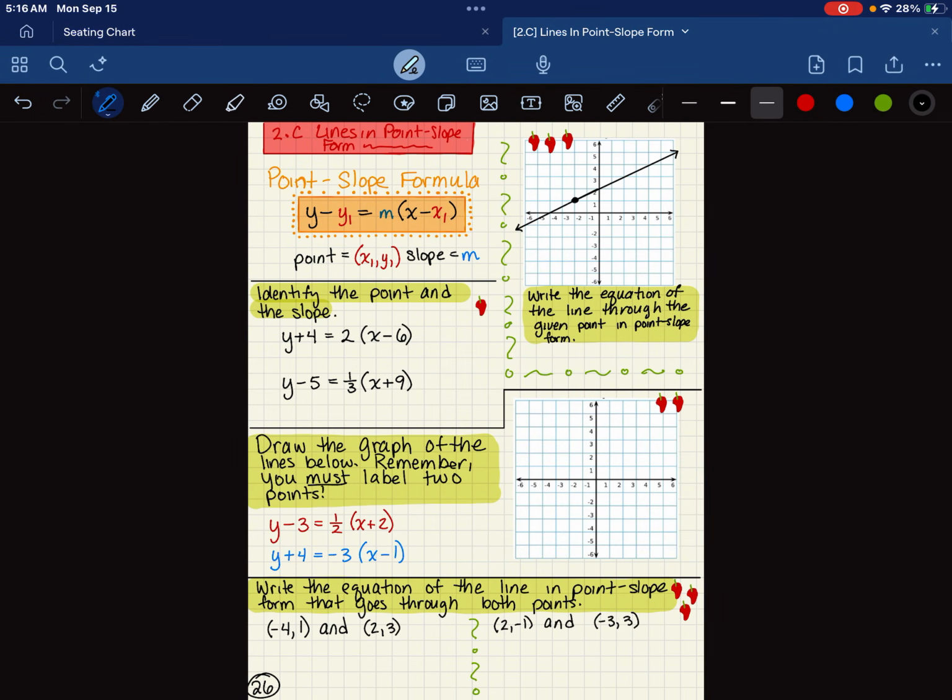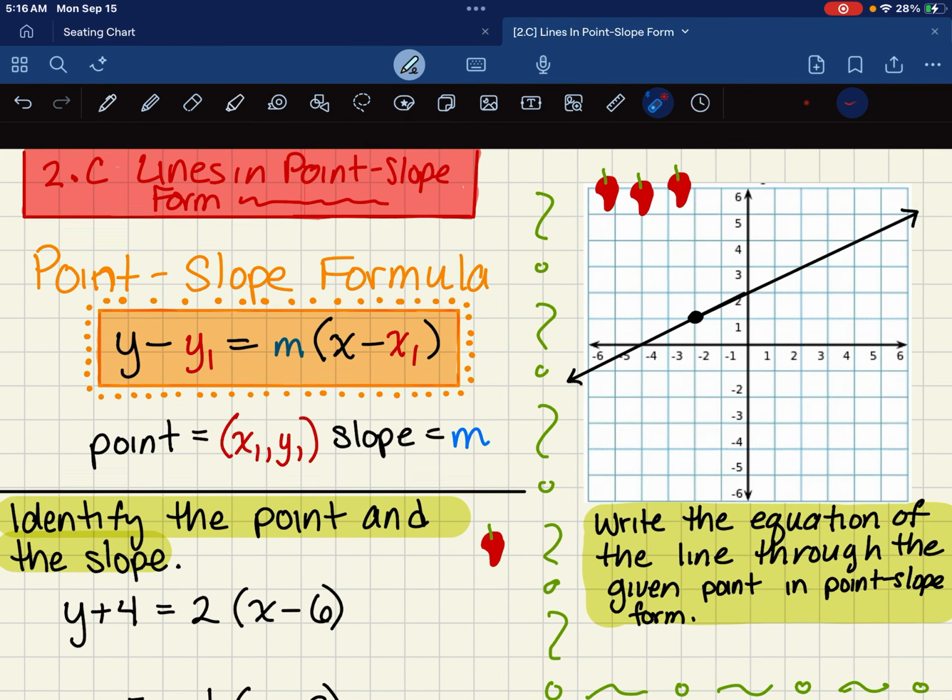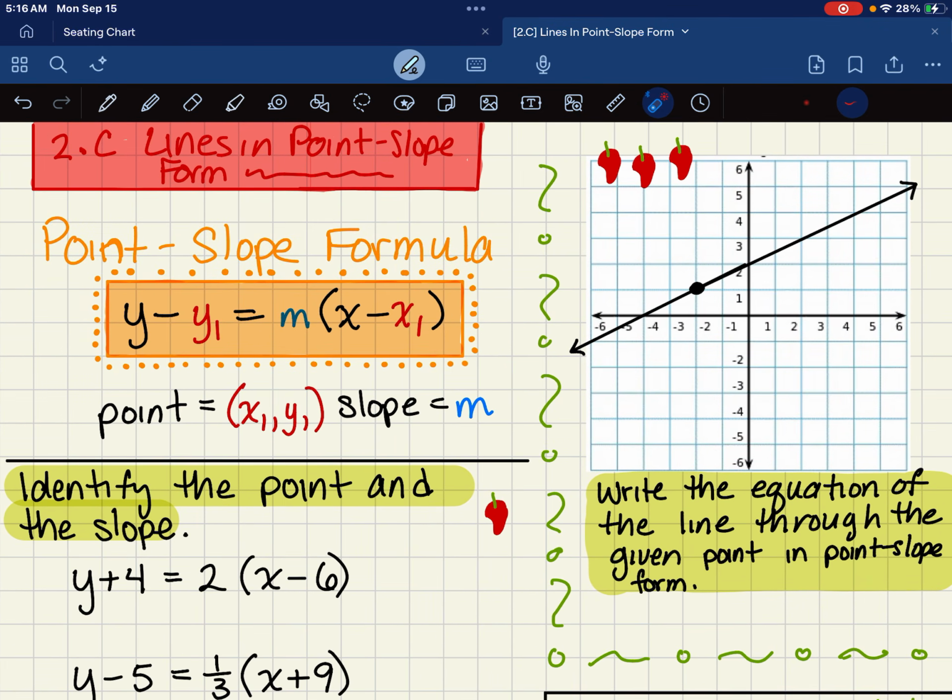Alrighty, so this video covers lines in point slope form on page 26 in our notebook. There are three formulas that we're going to learn about in order to graph lines. The first one is the point slope formula. You know slope-intercept form from middle school, but that'll be our second form, and then standard form will be our third form.